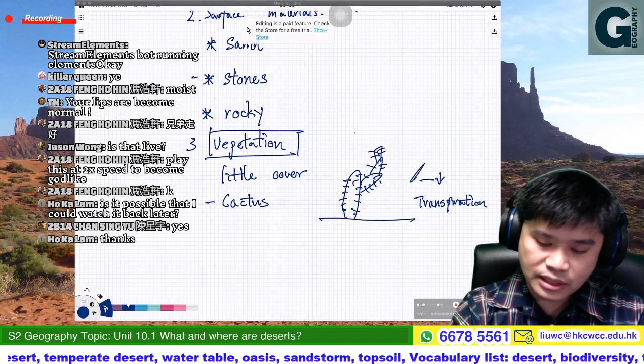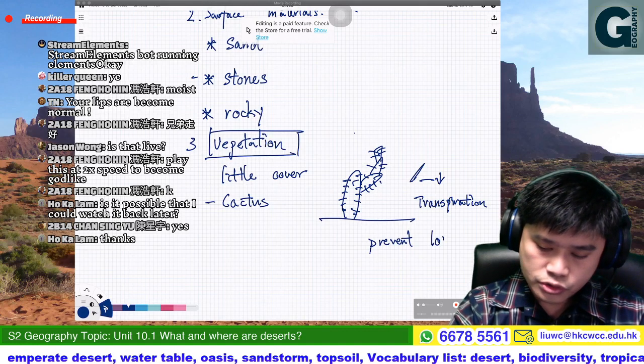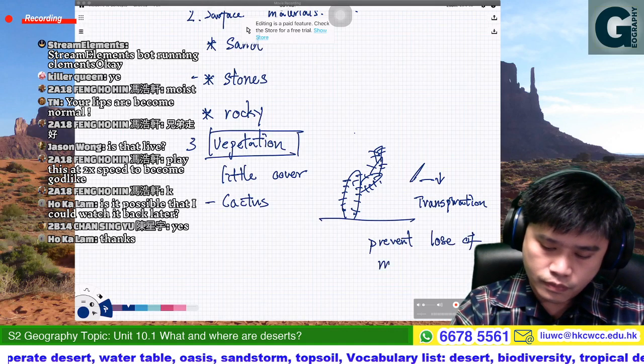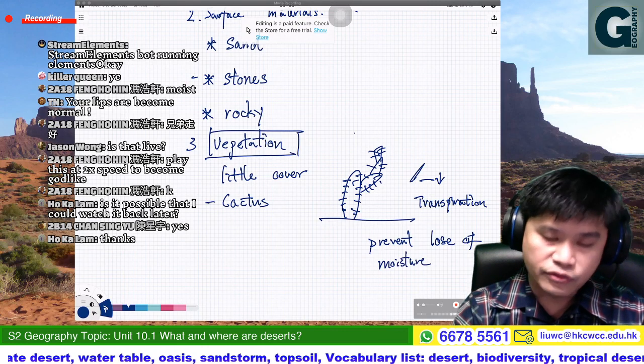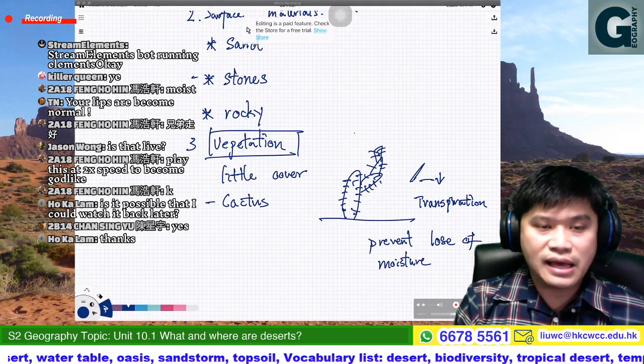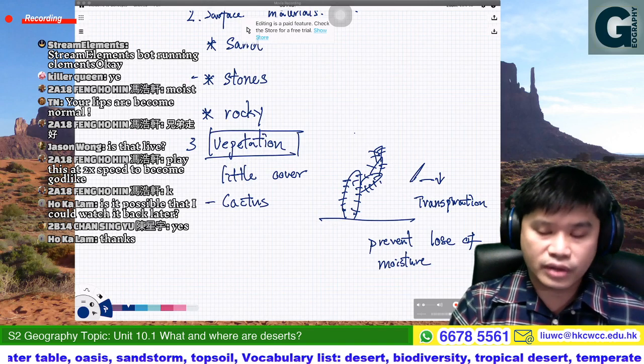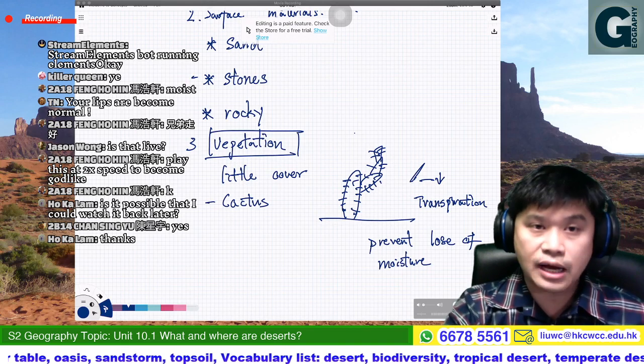It means that it can help to prevent the loss of moisture of the plant. So they may require less moisture, or less water, to grow. So cactus would be one of the examples.